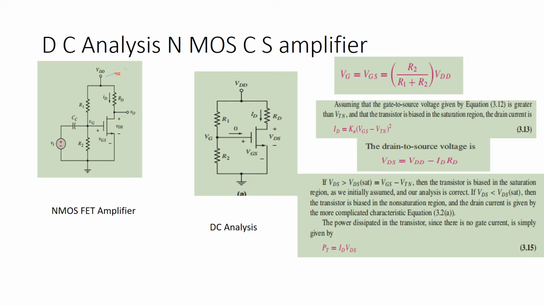Fine. Now before analysis, what we have to do is the DC analysis. When you are doing the DC analysis, the coupling capacitor CC, which is present at the input, is open circuit.